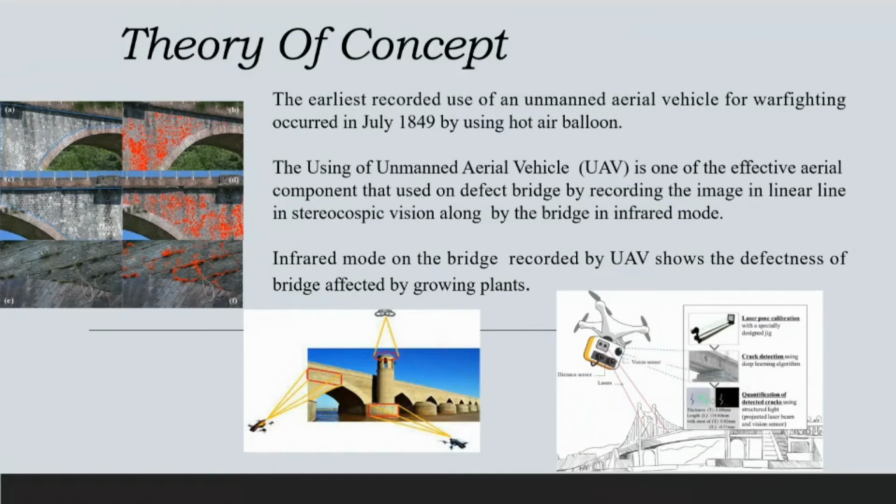As you can see in the picture beside, the color of the plants can be detected as red color in infrared mode recorded by UAV. And infrared mode on the bridge recorded by UAV shows the defects of the bridge affected by growing plants.